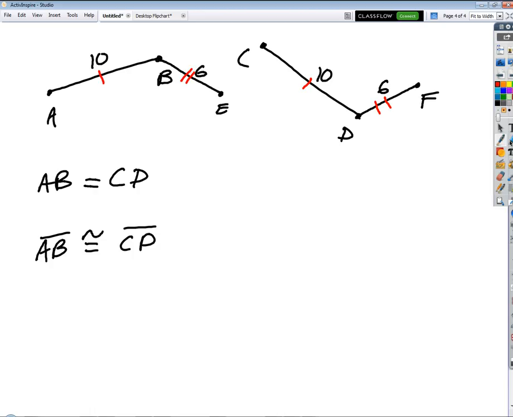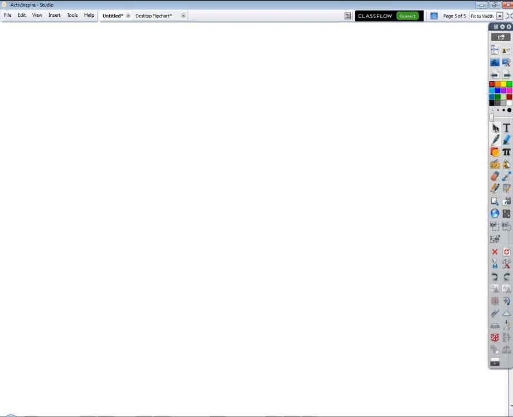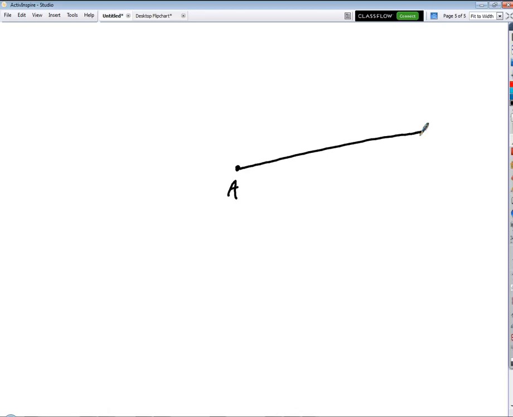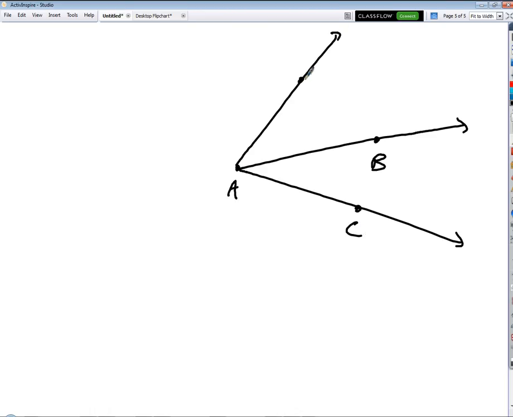Okay. What about with angles? Same kind of deal with angles. If I've got angle, say we measure these angles.